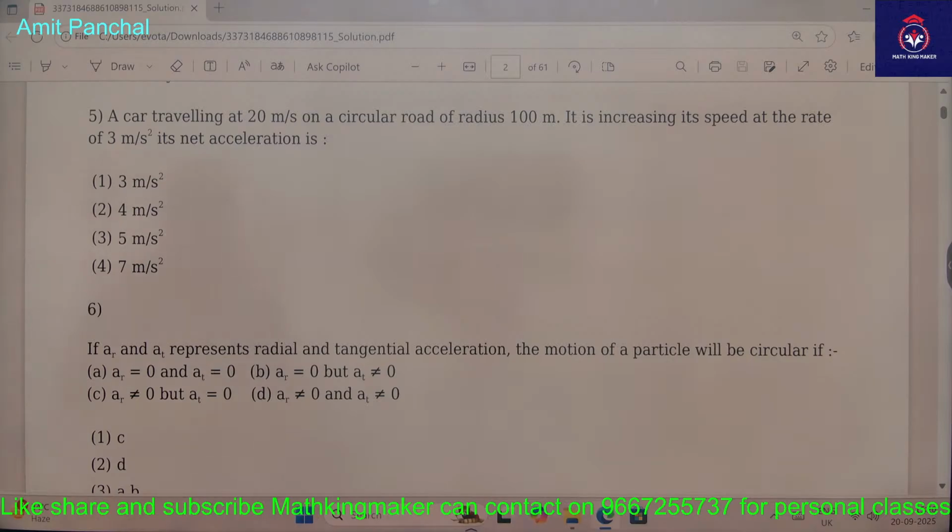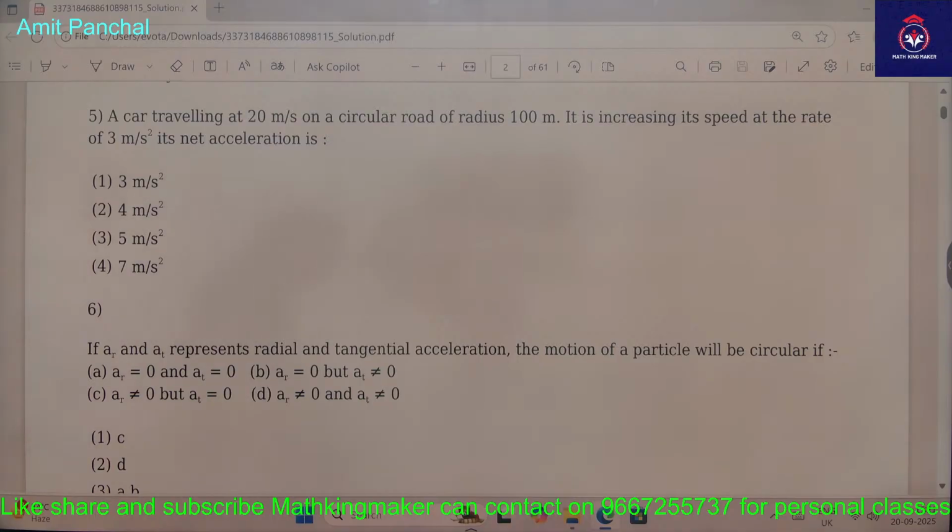So the net acceleration is how much? The net acceleration will be 3 meters per second square. Yeah, that's very simple. But the answer is 5 meter per second square. Yes, that is my question. Increasing its speed at the rate of 3 meter per second square, its net acceleration. What was its initial acceleration?